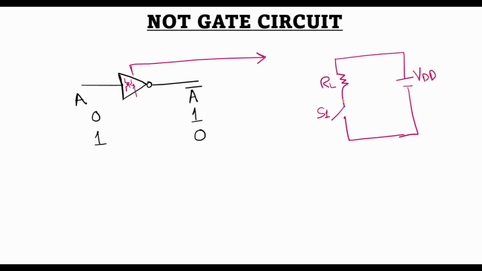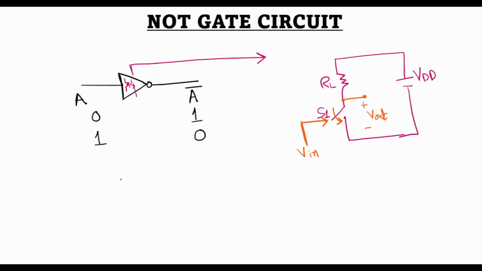The output of this circuit, V out, is taken across the switch, and the input to the circuit is the control signal which actuates this switch. So when an input signal is applied, it actuates the switch and the circuit then closes.